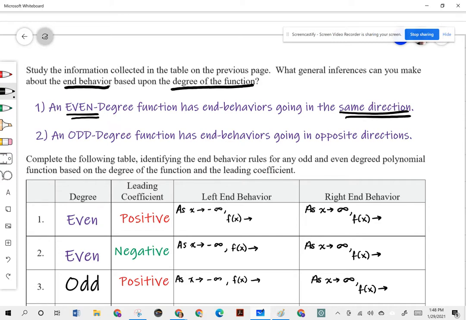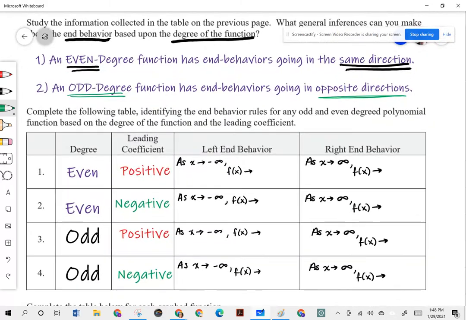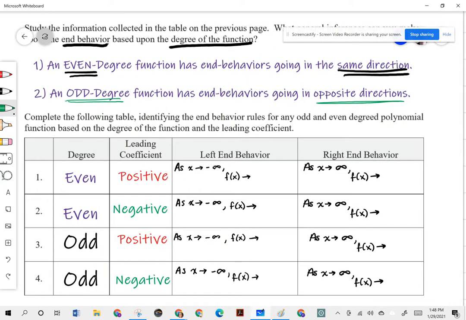If it's an odd degree, then the function has end behaviors going in opposite directions. Okay, so that's what we can conclude. And so this is how we're going to write that notation.